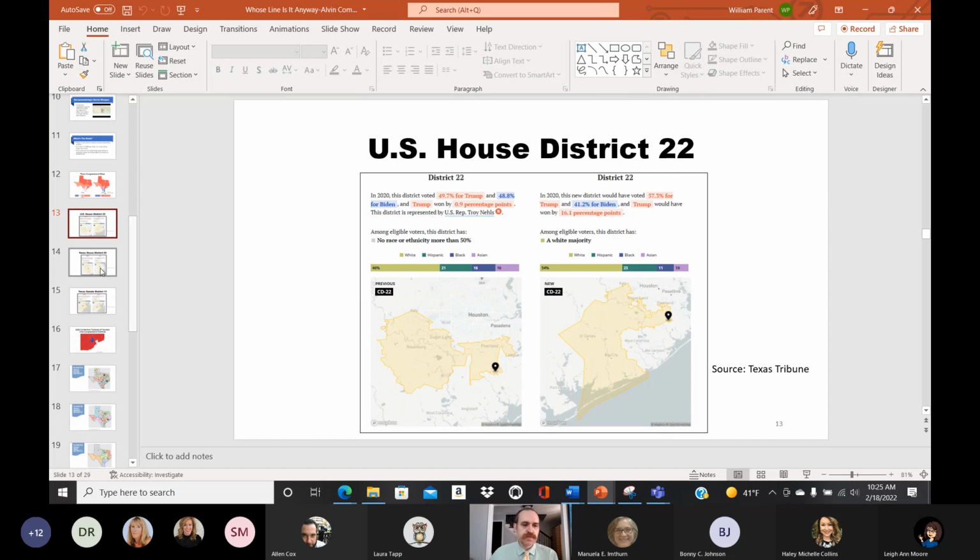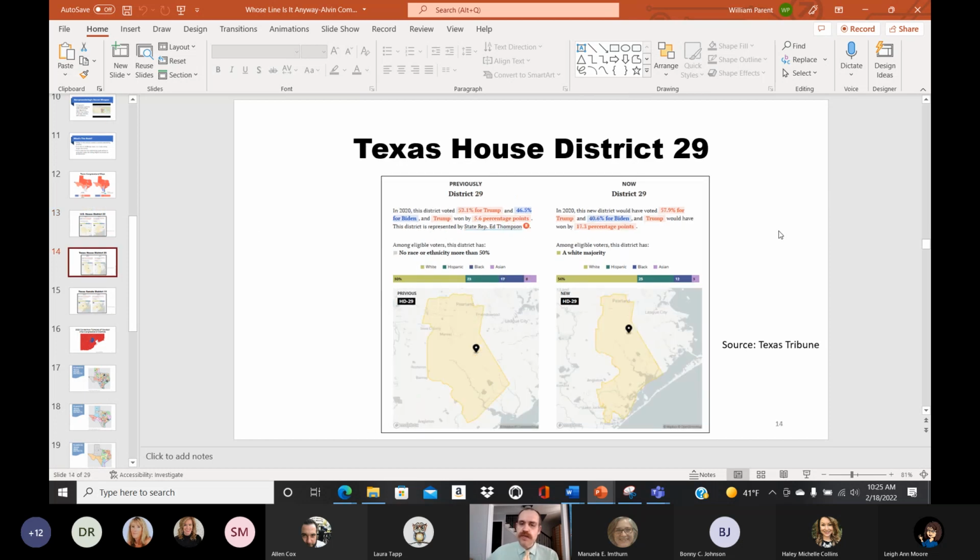This is House District 29, held by Sylvia Garcia. And in 2020, this district voted 52.1% for Trump and 46.5% for Biden. And Trump won by 5.6 percentage points. We're talking about House District 29. And this is represented by State Representative Ed Thompson.